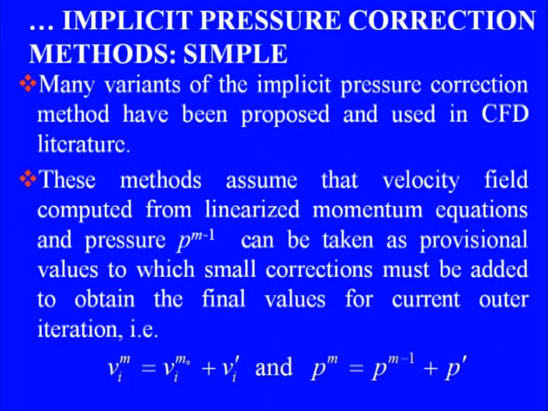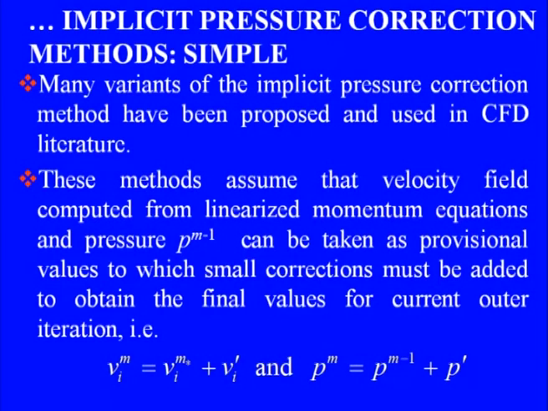Now, there are many variants of this implicit pressure correction method which have been proposed in the CFD literature. Some variants suggest that we can use the values at the previous iteration level, and we just need to add a small correction to get the corrected velocity values.